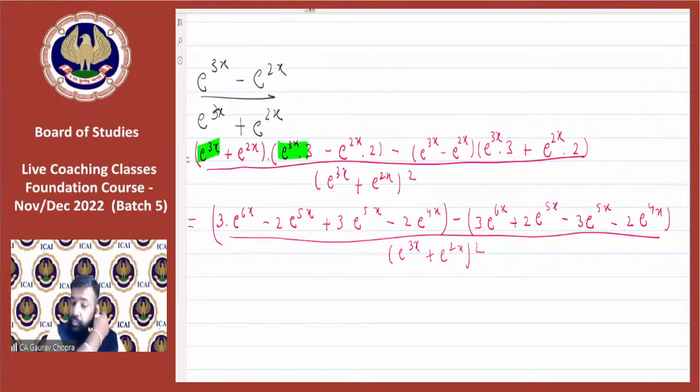Okay. Now let's see what the cancellations are. The 3 e to the power of 6x, this and this are common, we can cancel them. Then minus, and this is also plus, we can cancel them. Then 3 e to the power of 5x and this 3 e to the power of 5x are cancelled.